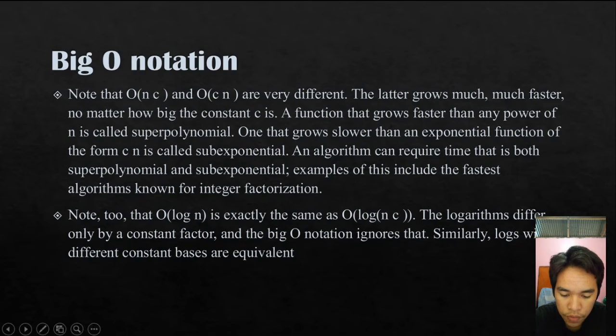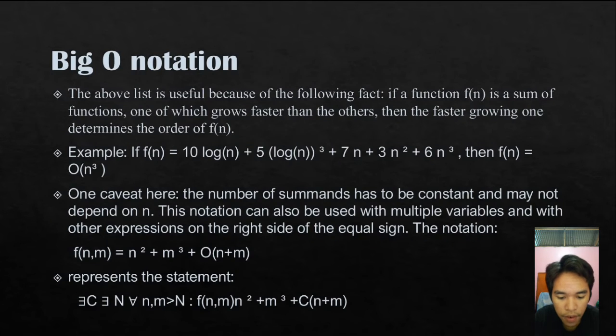Note too that O(log n) is exactly the same as O(log(n^c)). The logarithms differ only by a constant factor, and the Big O notation ignores that. Similarly, logs with different constant bases are equivalent.